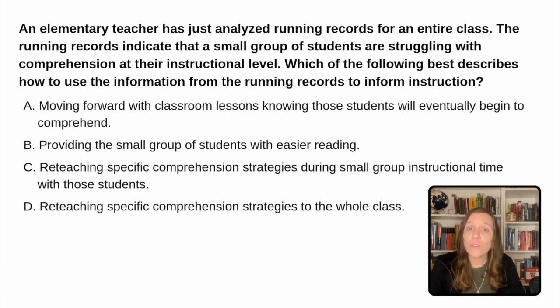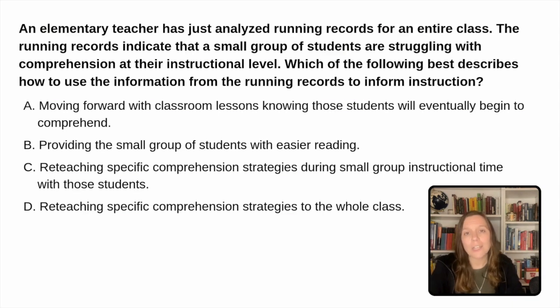A, moving forward with classroom lessons knowing that these students will eventually begin to comprehend. B, providing the small group of students with easier reading. C, reteaching specific comprehension strategies during small group instructional time with those students. Or D, reteaching specific comprehension strategies to the whole class.